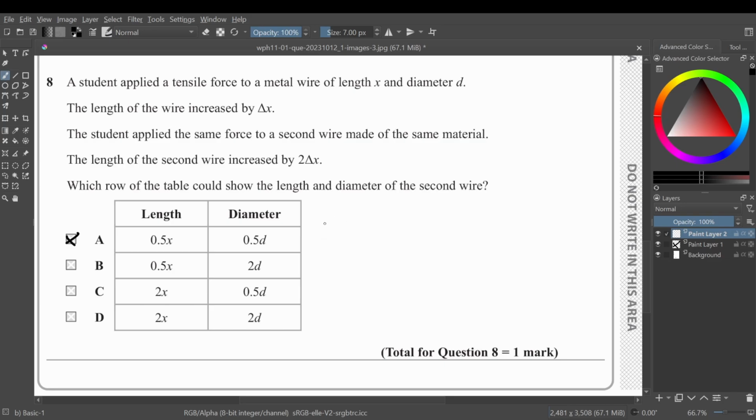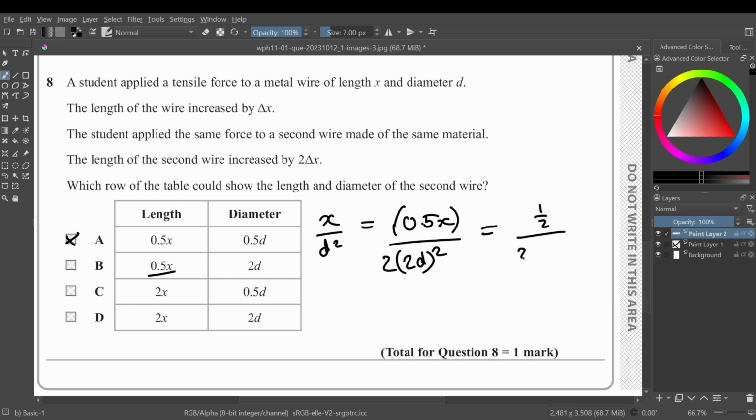So now x by d square is equal to, substitute this value in there, so it becomes 0.5x by 2 times, so 1 by 2 by 2 times, or 2 square is 4, and 4 times 2 is 8, right?